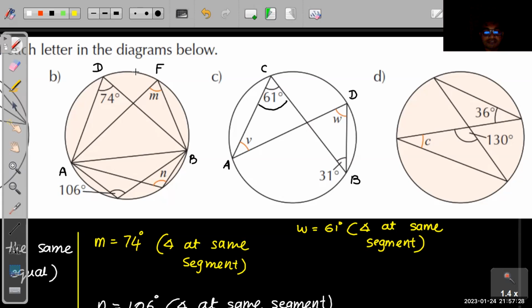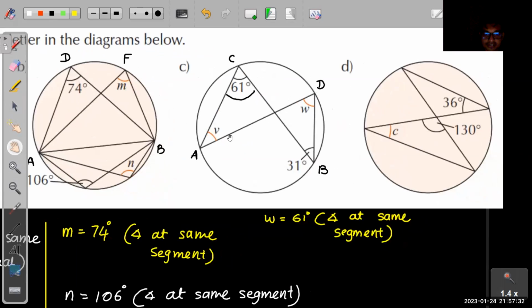Exactly, 31 and V will be the same. You can write V equals 31 degrees.